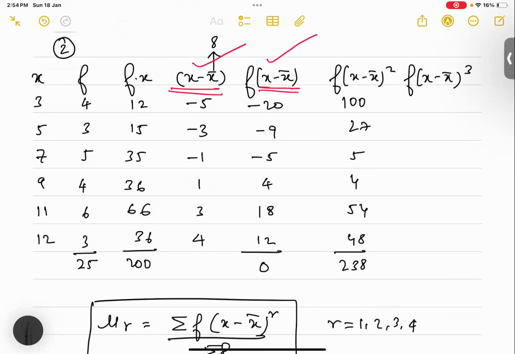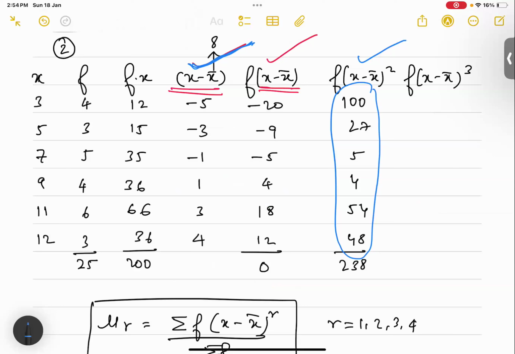Minus 500, sorry. 27 threes are 81, minus 5, 4, 54 threes are 162, and 48 into 4 is 192.